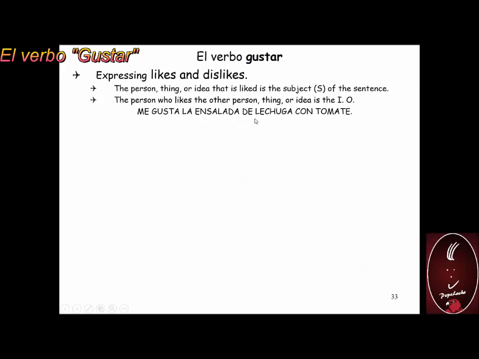So what is liked? La ensalada de lechuga is liked. That's the subject of the sentences. So what is the indirect object? The person who likes the other person, thing, or idea is the indirect object. The indirect object is me.